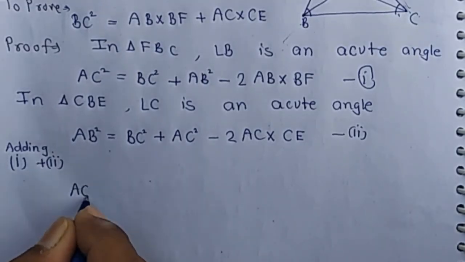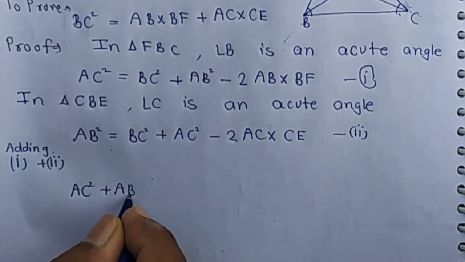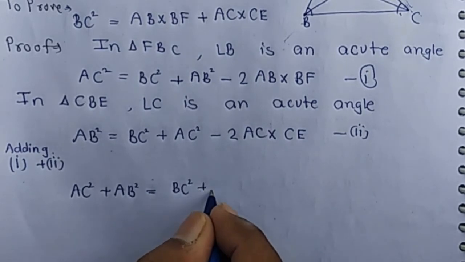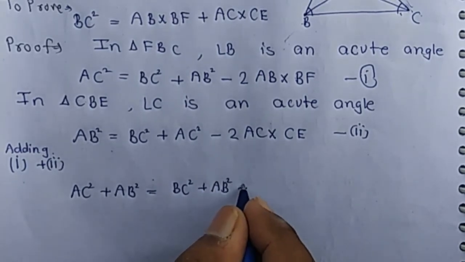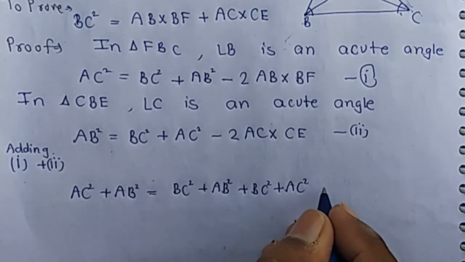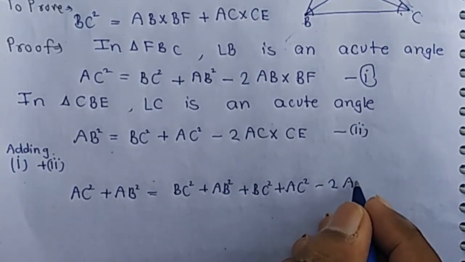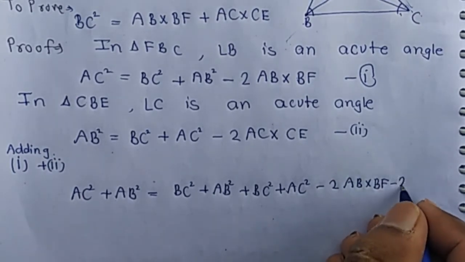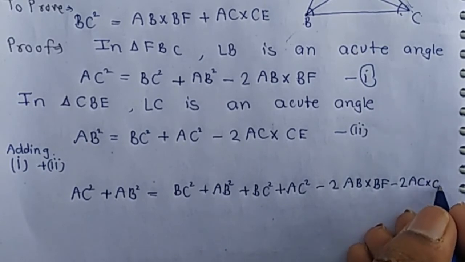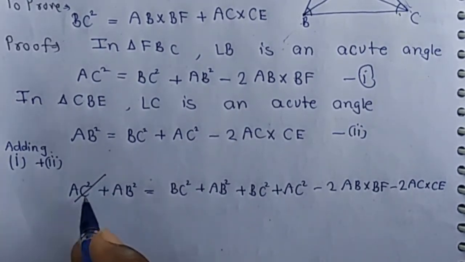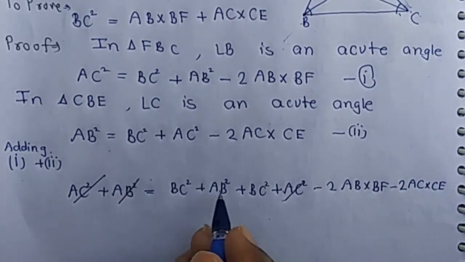Now adding 1 and 2, we have AC square plus AB square is equal BC square plus AB square plus BC square plus AC square minus 2AB into BF minus 2AC into CE. Now AC square cancel out, AB square cancel out.